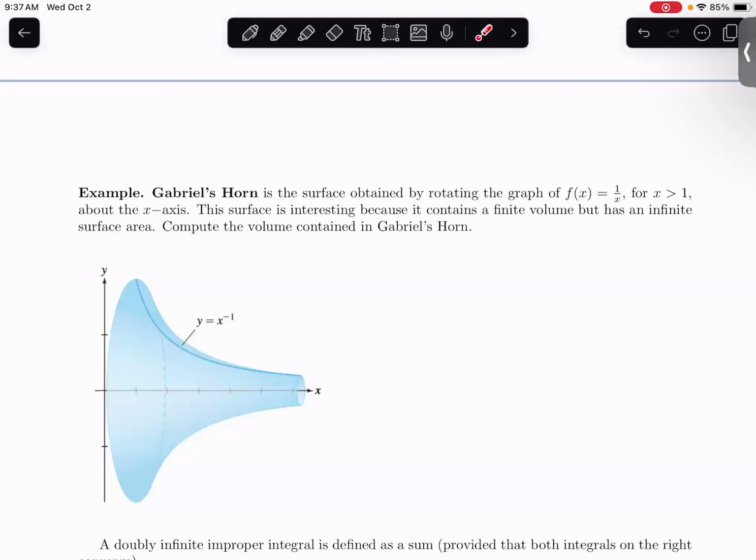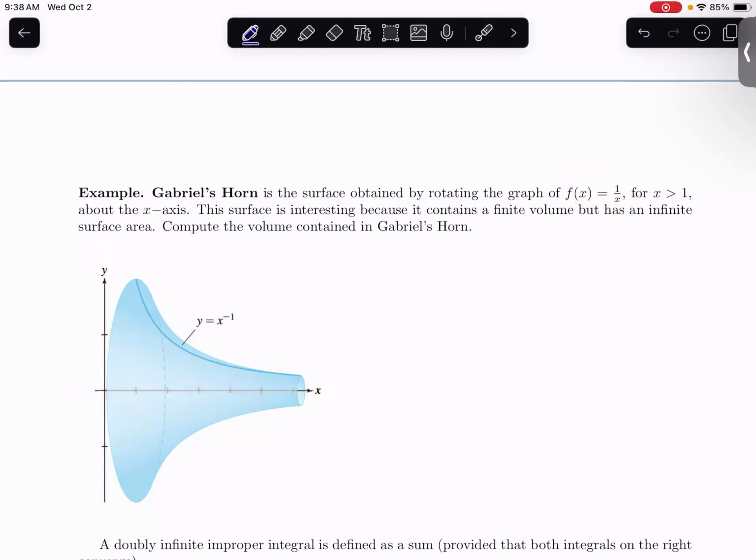If we're taking f of x equals 1 over x and rotating about the x-axis, does anyone remember how you would find the volume? Do we use the shell or the disk, or what method do we use? Yeah, it'll be the disk. We use the shell usually when we have vertical axes, and we use the disk when we're doing horizontal axes.